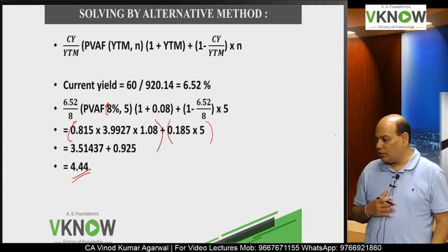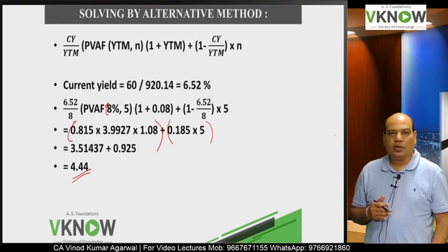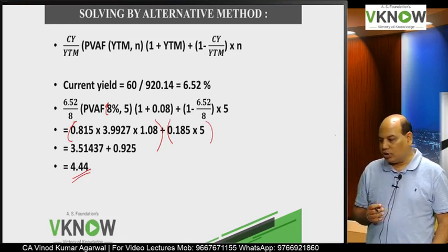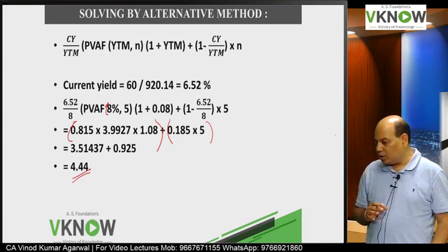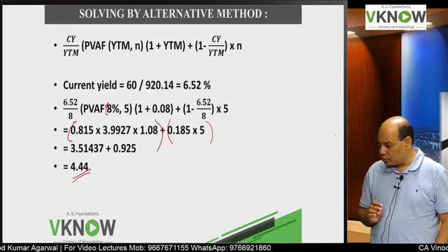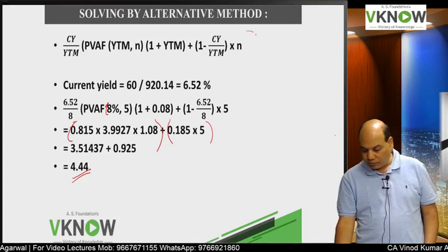So now you are convinced that whether you solve by formula method or by tabular format, your answer will be same. So depending upon how the data is given to you, accordingly you solve. Okay. Any query on this alternative formula?